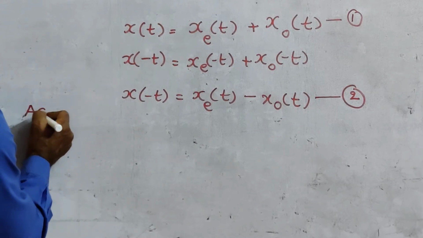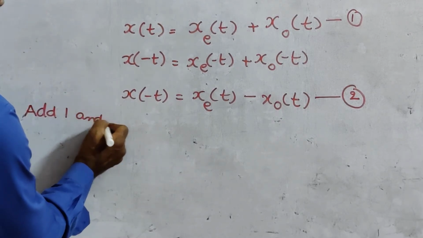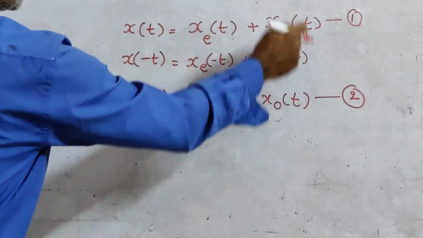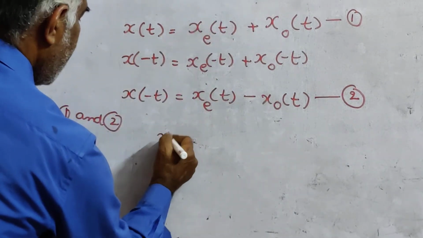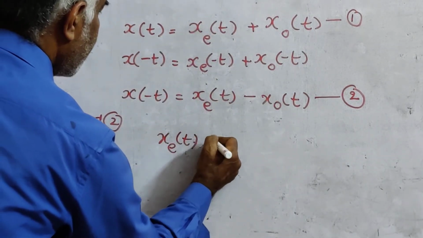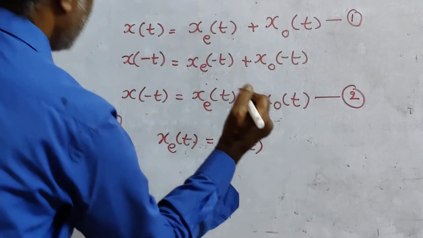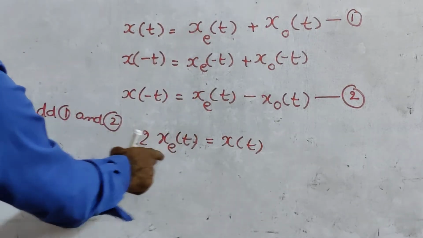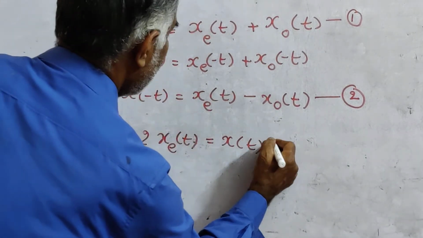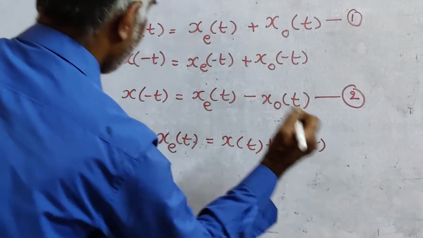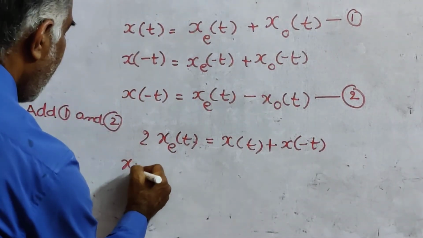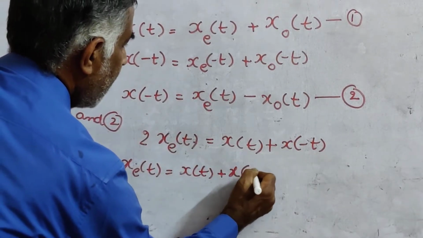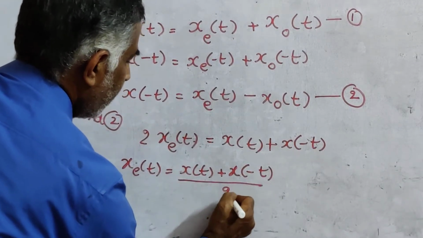Call this equation number 2. Add 1 and 2. On adding equations 1 and 2, these two terms get cancelled. We get 2 xe(t) = x(t) + x(-t). Therefore, xe(t) is equal to x(t) + x(-t) divided by 2.